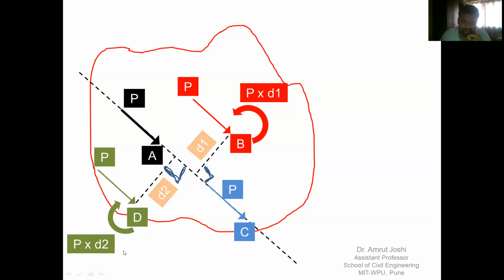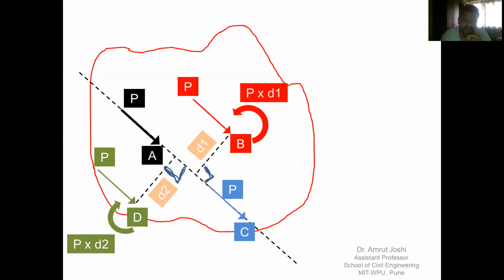So therefore, we have to note another point here. As we go on changing the location of the point where we are considering the effect of force at A, not only the magnitude, the sense of the moment also is amenable to change.